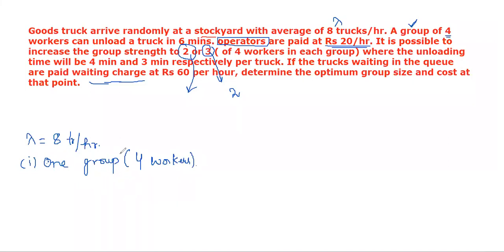When one group is working, a group of 4 workers can unload a truck in 6 minutes. Okay. So what is this 6 minutes here? Can anyone tell what is 6 minutes here? Based on the things which you have studied, what can you say about this 6 minutes?